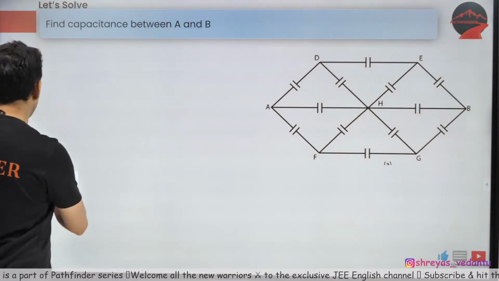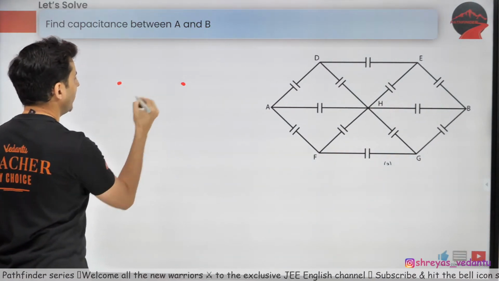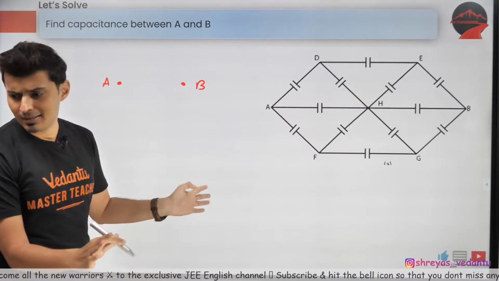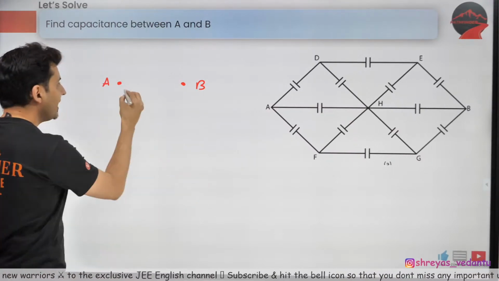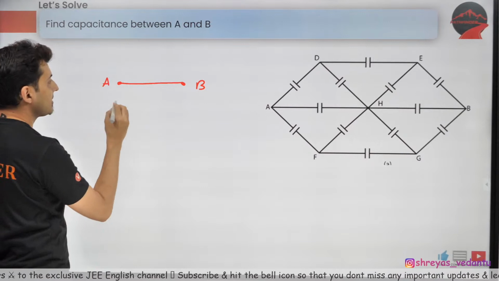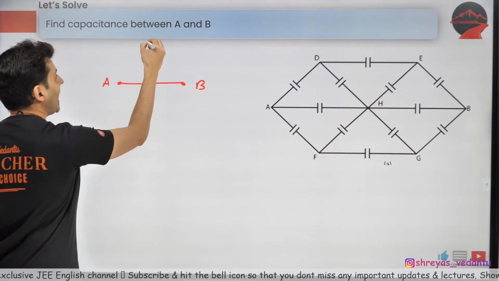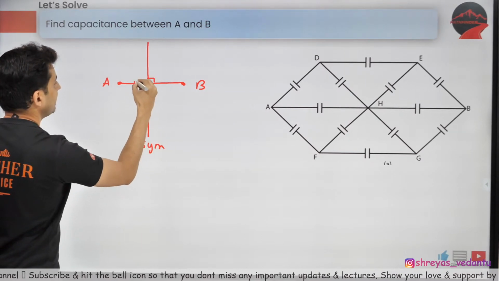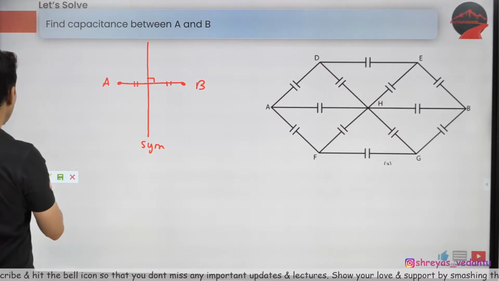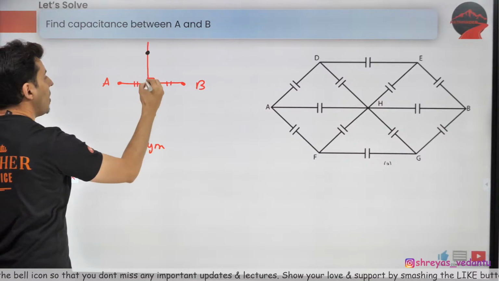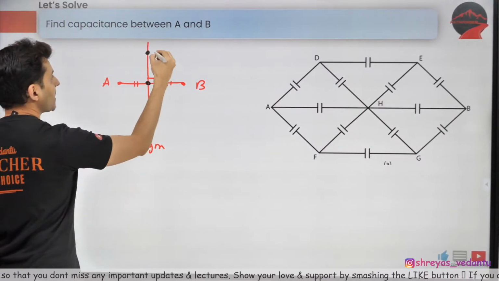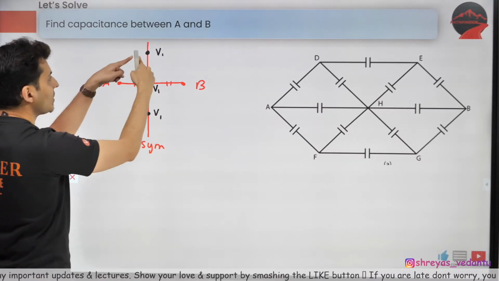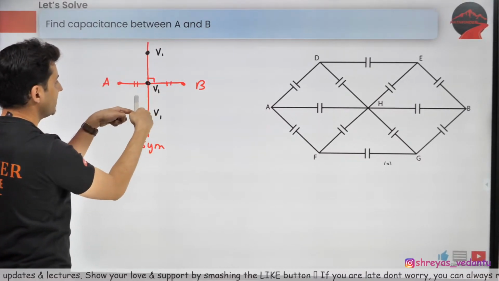Whenever you find symmetry, okay, let's say there are 2 points between which you have to find resistance, capacitance, whatever, inductance, doesn't matter. Whenever you have to find the capacitance between 2 such points and there is a symmetry, this is the symmetry, this is such that this is the perpendicular bisector, then all the points on the perpendicular bisector are at the same voltage, let's say V1, V1, V1, because of symmetry, they are at the same distance.